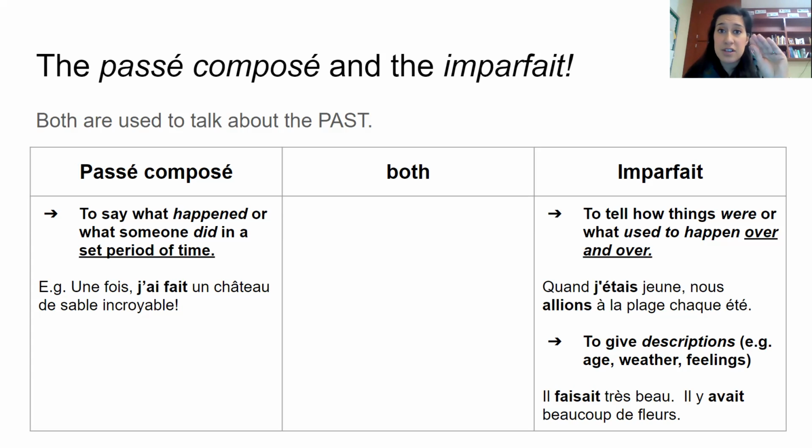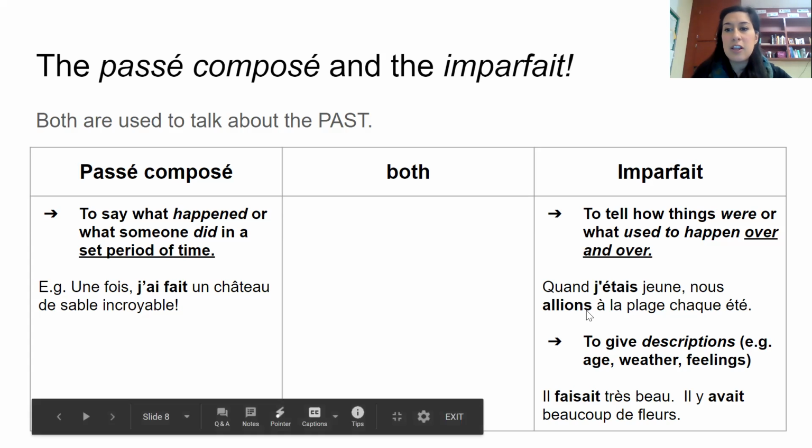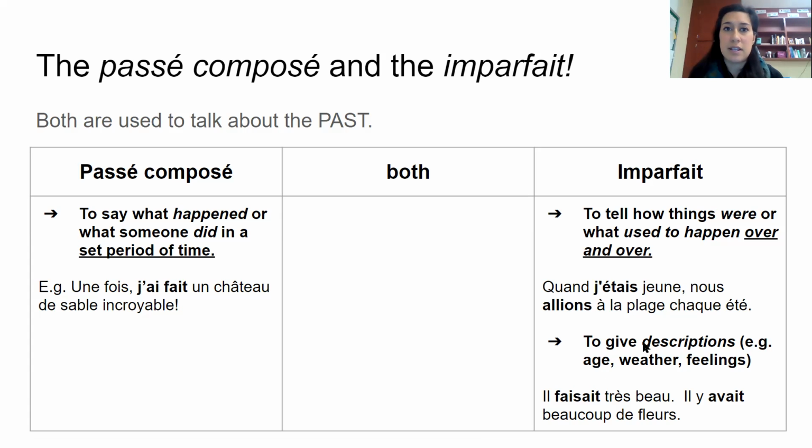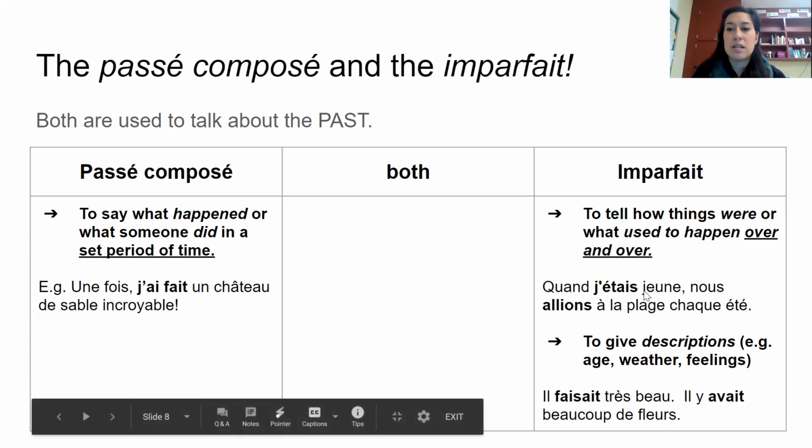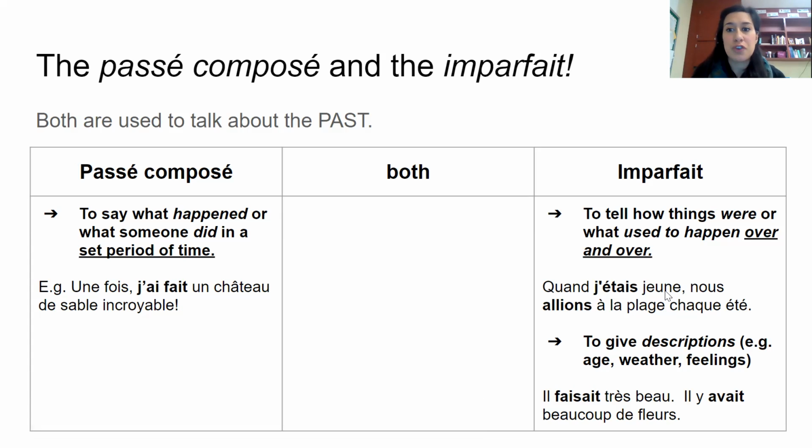Okay, so that's the first thing. The second part, which we haven't looked at a lot, except for maybe age, is when you're describing events in the past. So any kind of description, for example, describing your age, like in this first one, when I was young or when I was little, quand j'étais petite, quand j'étais jeune.